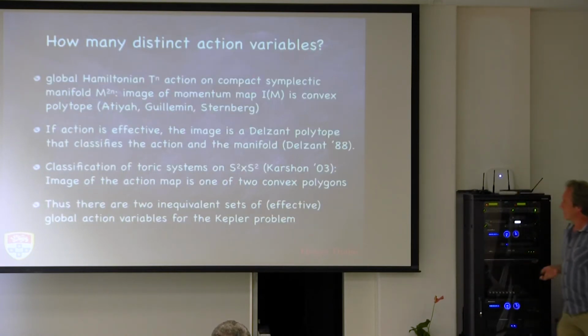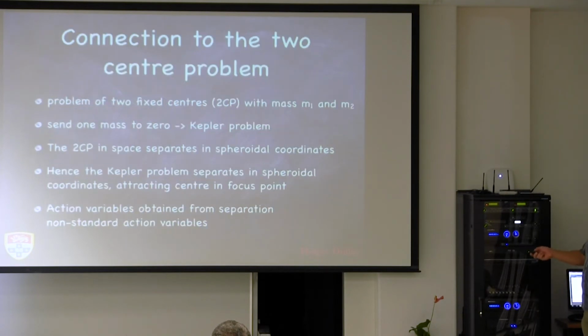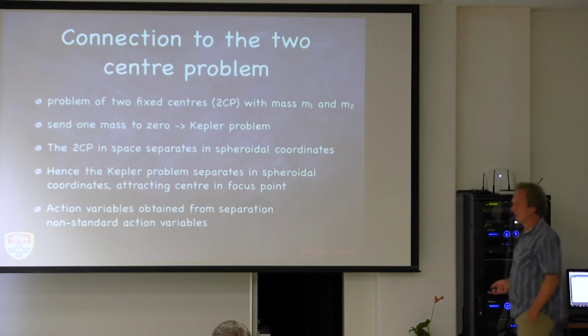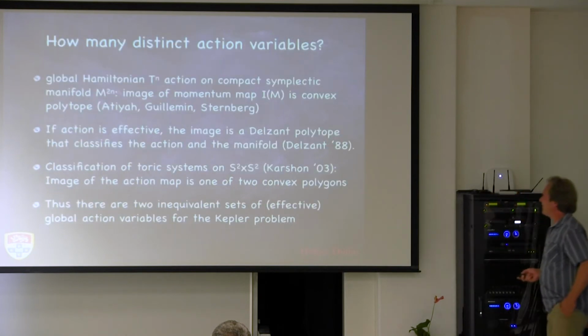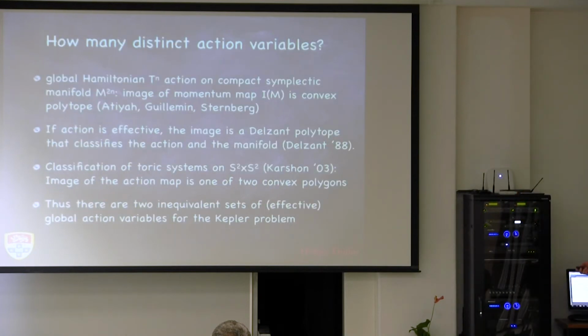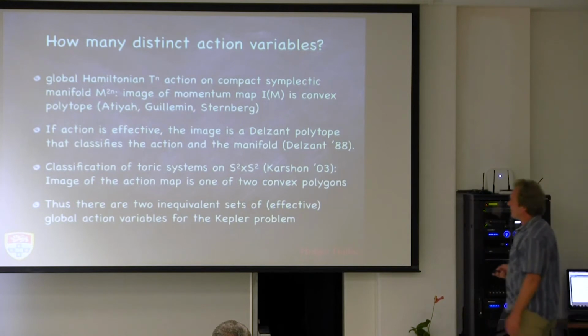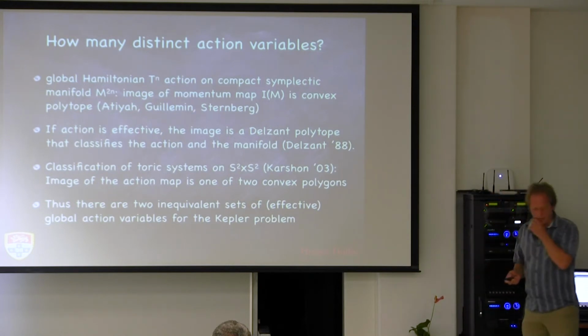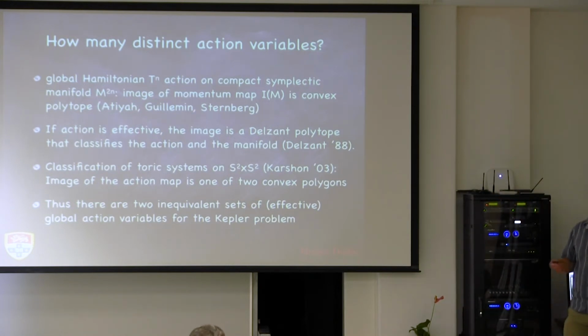So now it becomes kind of sensible to ask this question: how many different sets of action variables are there for the Kepler problem? What I mean by that is, I need to talk about toric systems to make that precise.